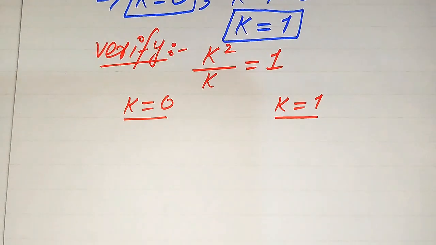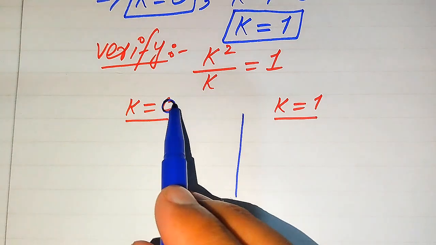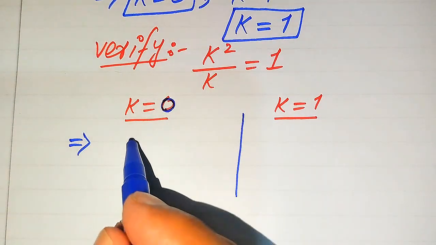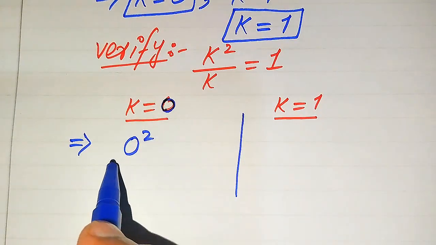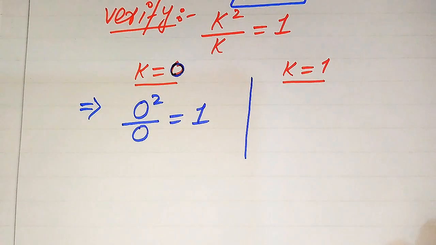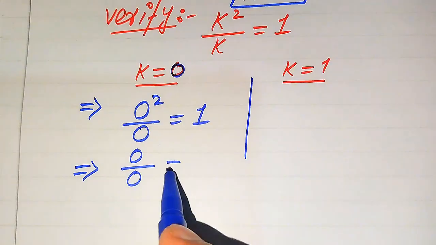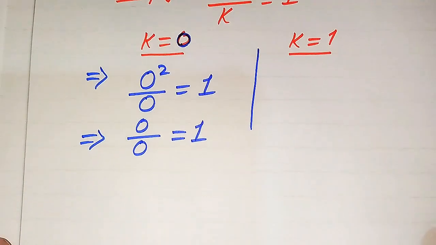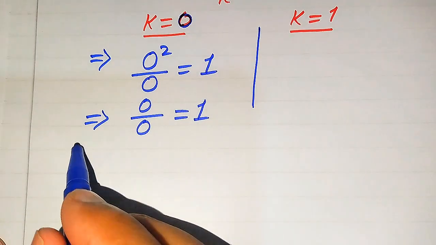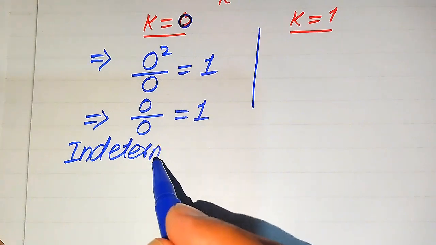So here first we need to focus on k is equal to 0, so when we substitute k is equal to 0 into the left hand side, it becomes k square, and we have the value of k is 0 square divided by 0 is equal to 1, and we know that 0 square becomes 0 divided by 0 is equal to 1, and we know that 0 divided by 0 is usually called the indeterminate form.